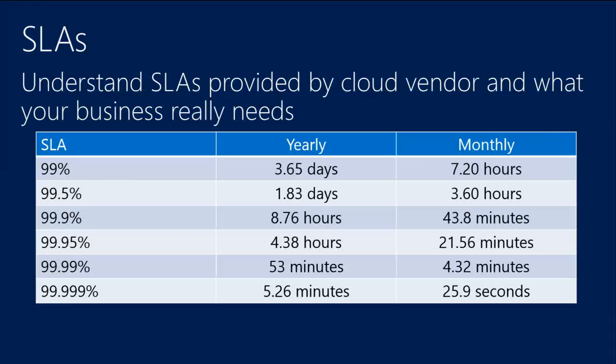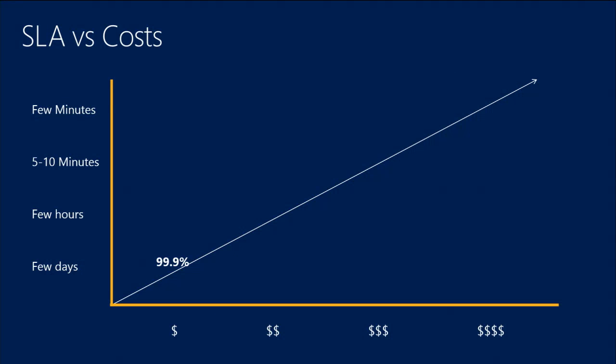And SLAs actually impact costs. Who would have known? One example was I went with a customer. They work in the healthcare industry, and they build solutions for hospitals. We started, and the first thing I asked was, what's your SLA?